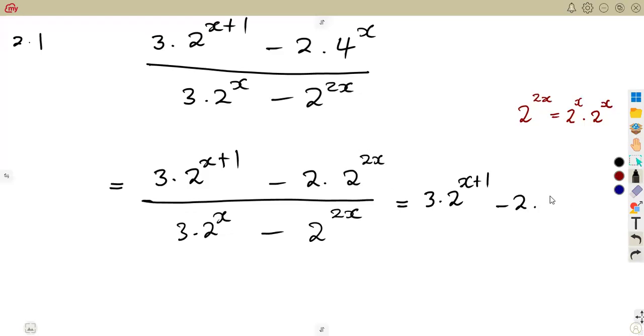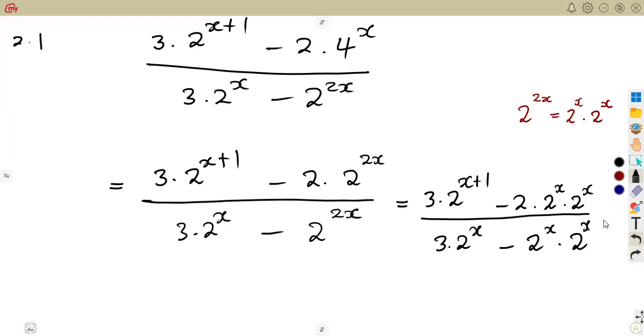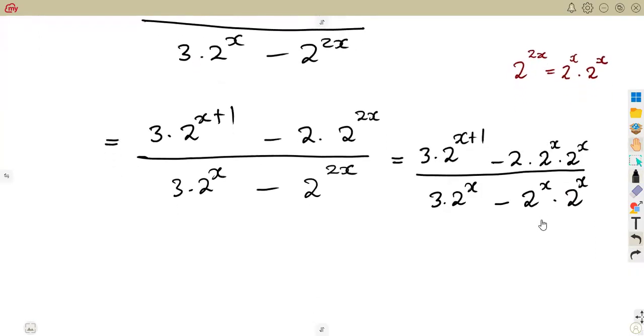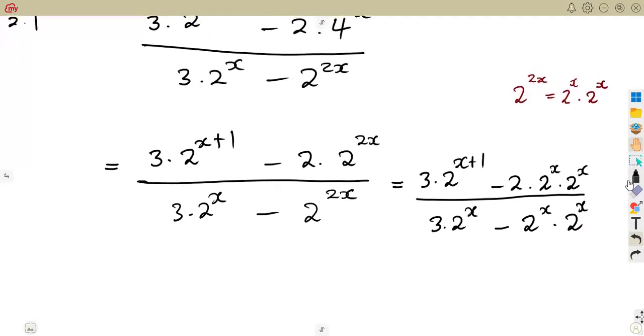Like I said, it simply means 2 to the exponent of x times 2 to the exponent of x, so that we can properly see when we are to factorize. The denominator, the same thing, 3 times 2 to the exponent of x minus 2 to the exponent of 2x means 2 to the exponent of x times 2 to the exponent of x. So in the numerator, we can factorize.